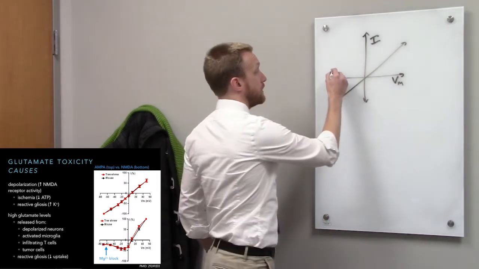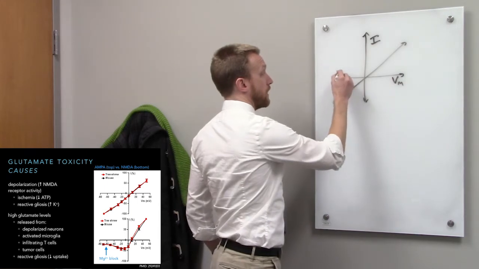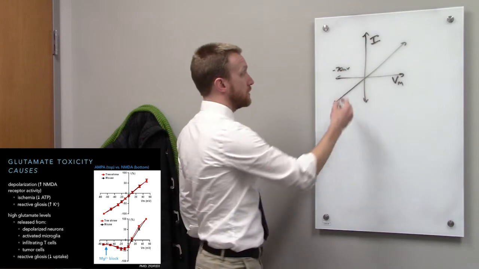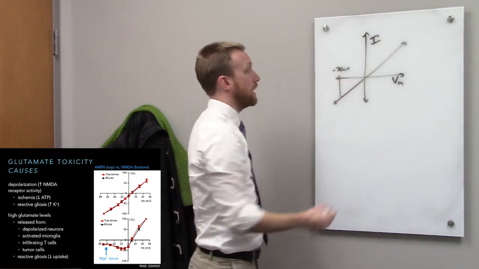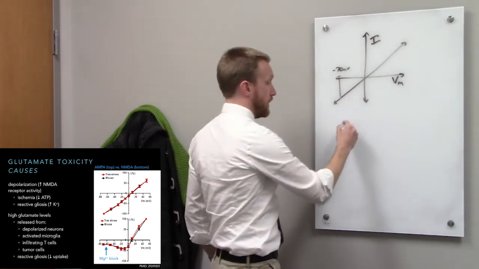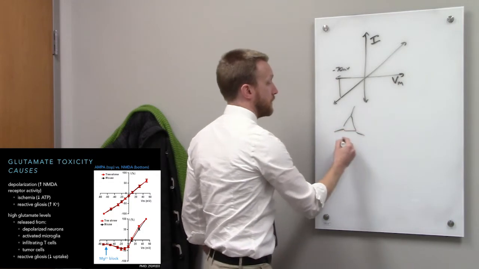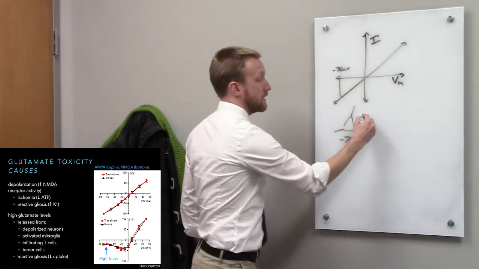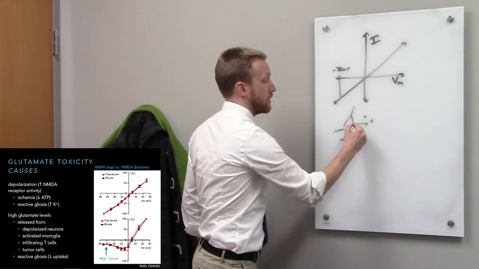If we have a negative membrane potential, let's say we're at rest, somewhere about -70 or so, we're going to have an inward current. We're going to let positive charge flow in. That should make sense. If we have our negatively charged cell here, it's negative on the inside, that's going to attract positive charge inward.